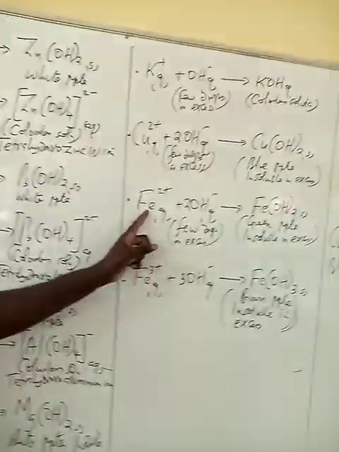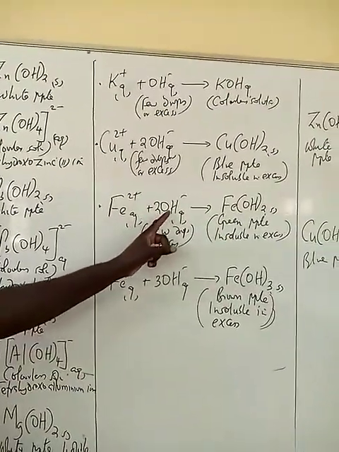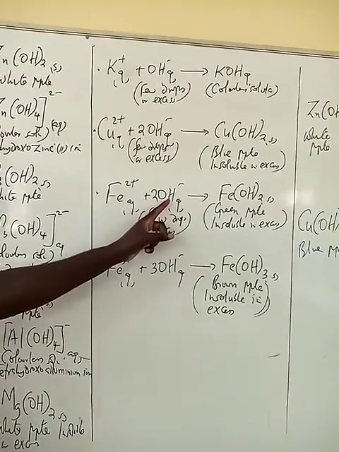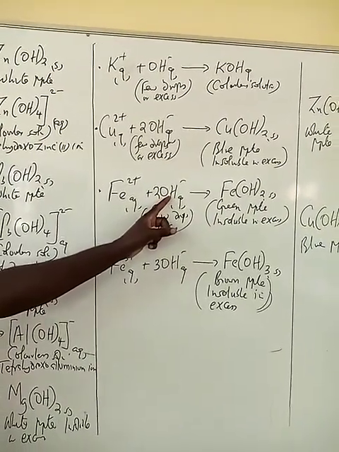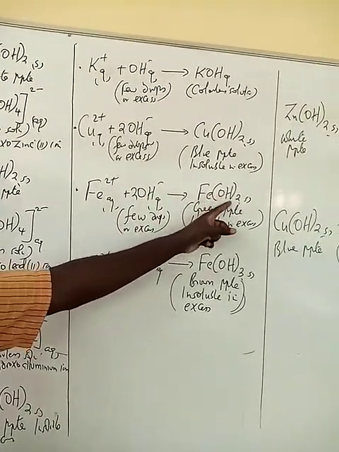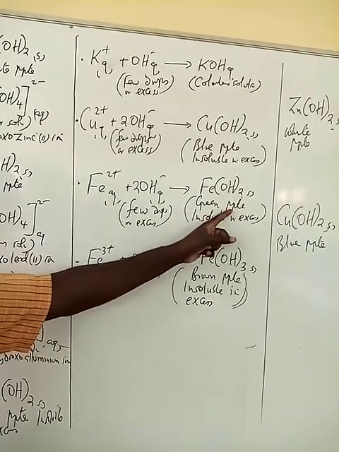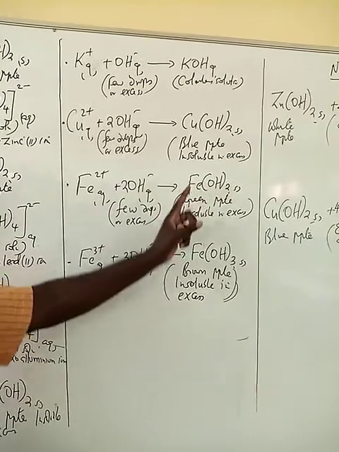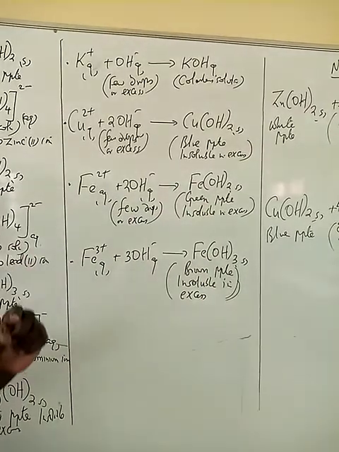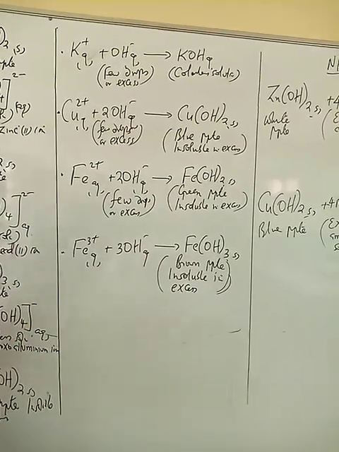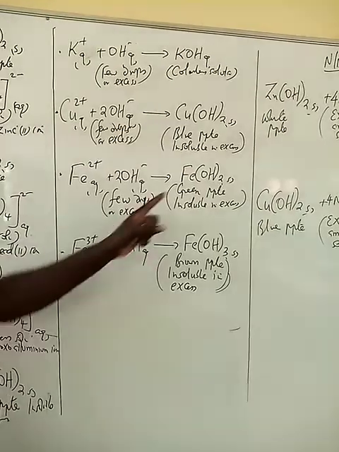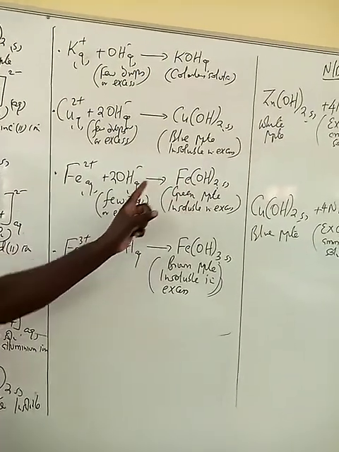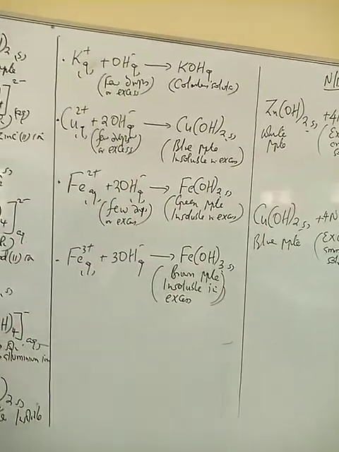This is the test solution plus the hydroxide from sodium hydroxide, forming iron 2 hydroxide, which is a green precipitate. The precipitate is only soluble if a complex salt is formed. But because there is no complex salt formed here, the precipitate is insoluble.